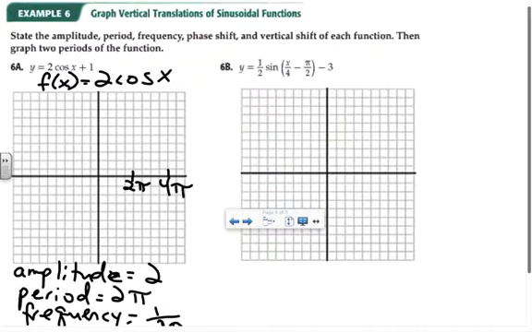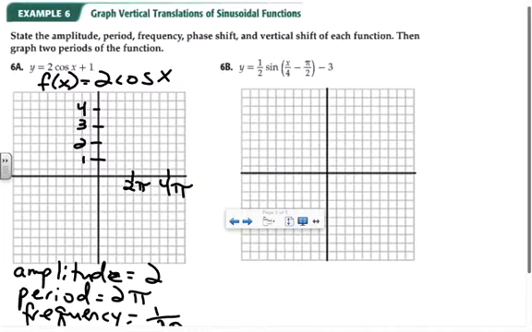So, y-axis, let's make this 1 and, oh wait. In the interest of accounting for the amplitude as well as the shift, I'm going to make every 2 boxes 1. So 1, 2, 3, 4.